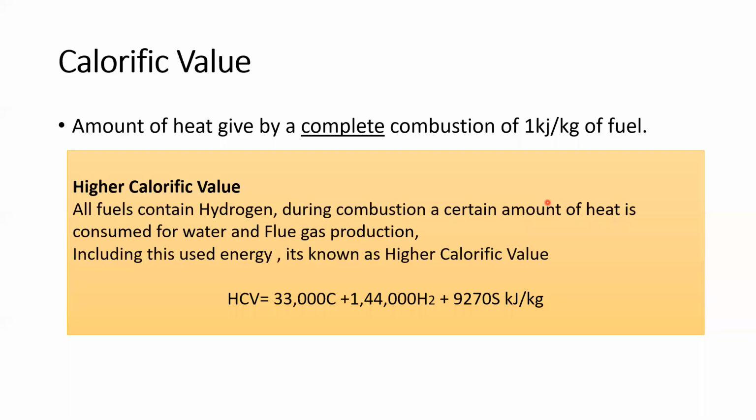For the higher calorific value, all fuels contain some hydrogen. During the combustion, a certain amount of heat is consumed for water and flue gas production. Including this in the used energy, it's known as the higher calorific value.